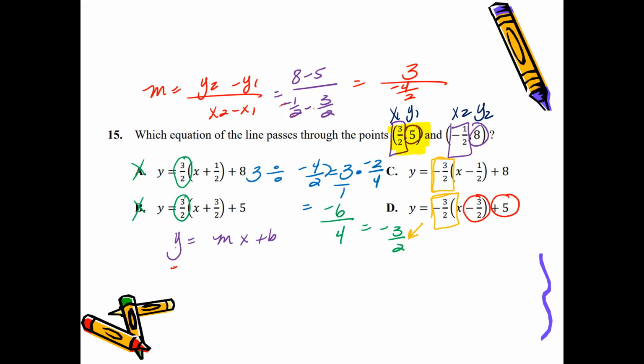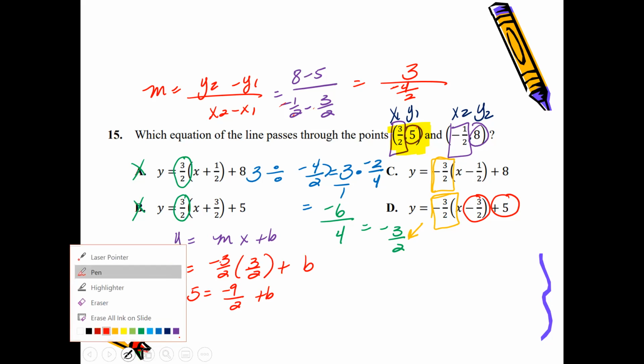So y is 5, which is equal to m, that we just found is a negative 3 over 2, times x, which is my positive 3 over 2, plus b. My goal here is to solve for b. So looking at this, 5 is equal to negative 3 times 3, which is a negative 9 over 2, plus b.